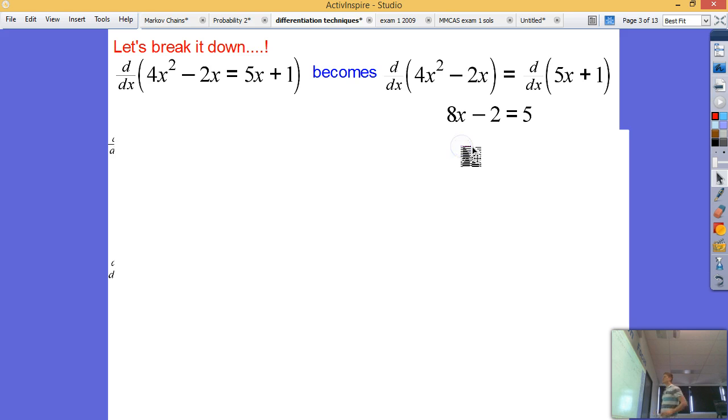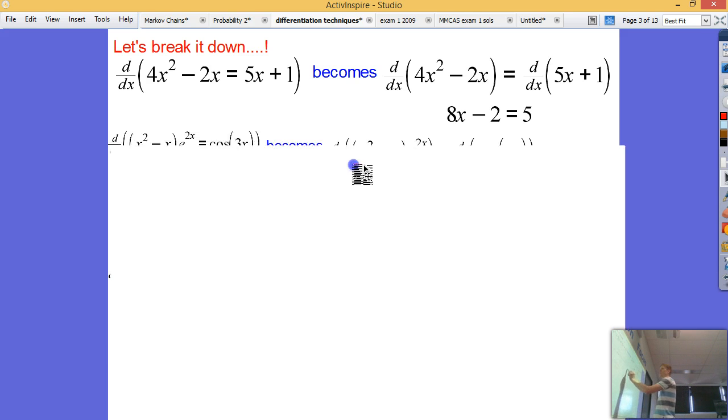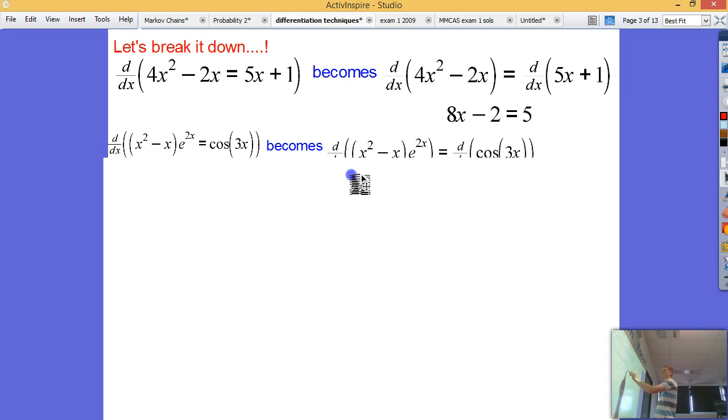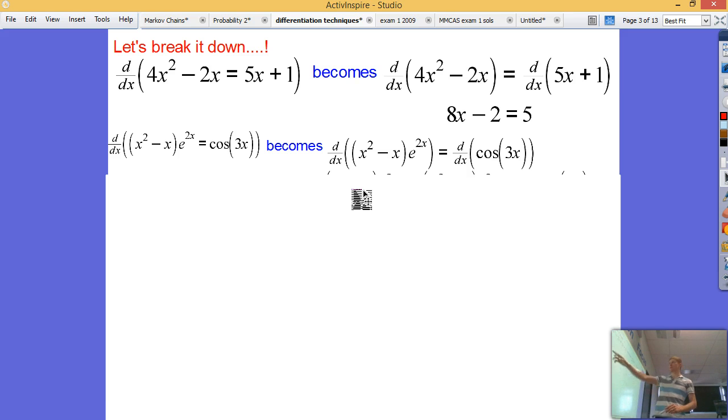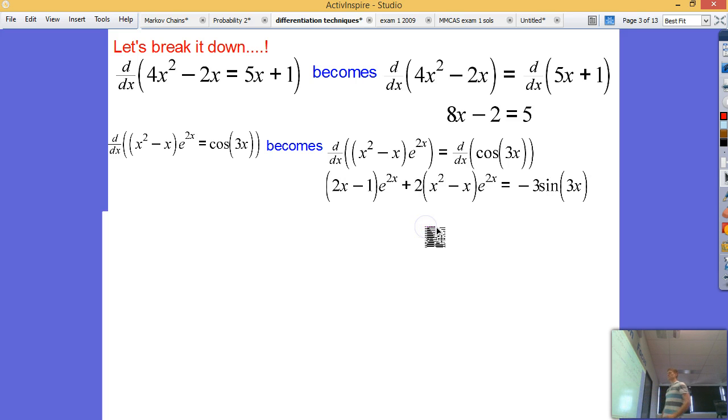So that gives us 8x minus 3 is equal to 5. Nice simple exercise. What about this one? The derivative of an equation like that, x squared minus x times e to the 2x equal to cos of 3x. Then derivative of left and derivative of the right, and it gives you that.